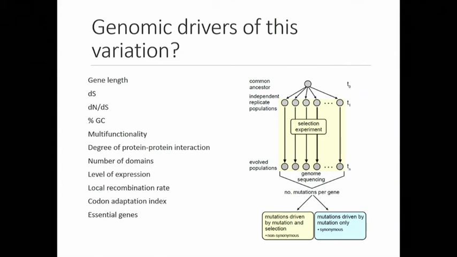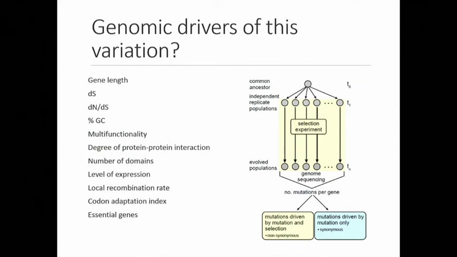This is the list of what we ended up looking at in the end. So we wanted to look for variables that we could find data for at the gene level in the Saccharomyces cerevisiae genome. So we have gene length. I've talked about that before. That's an important parameter, so that's in there.